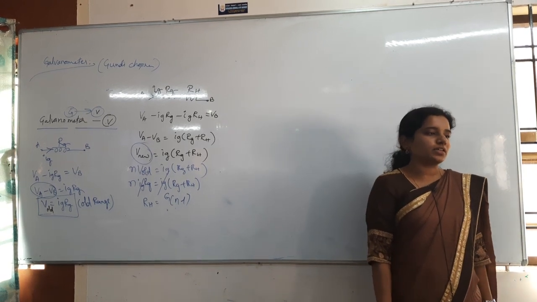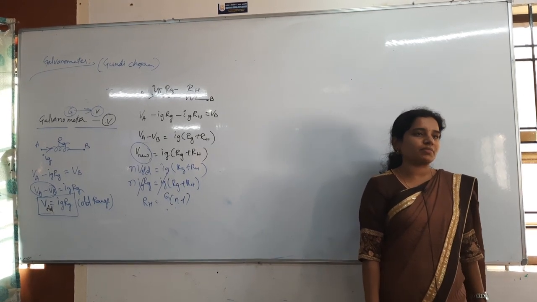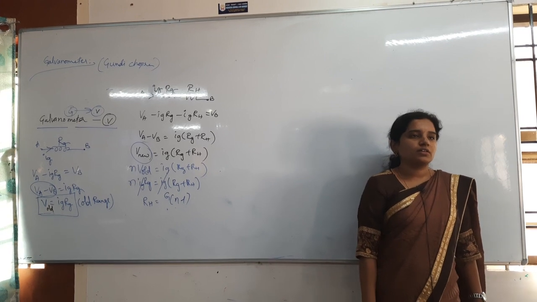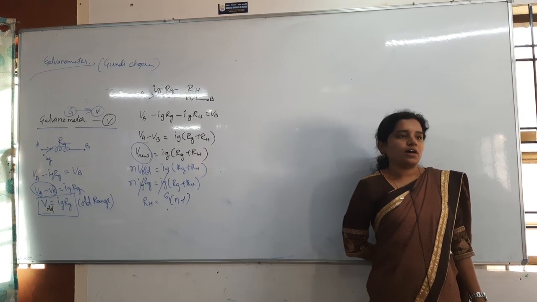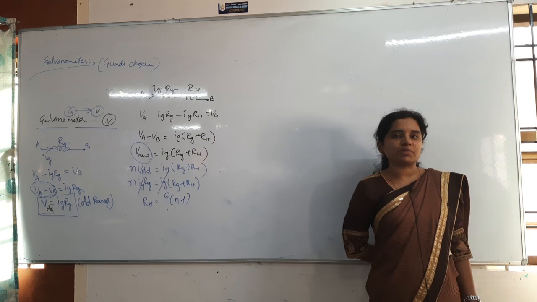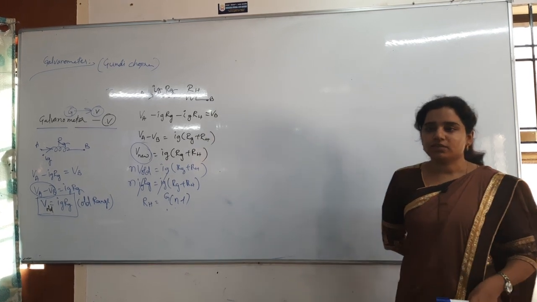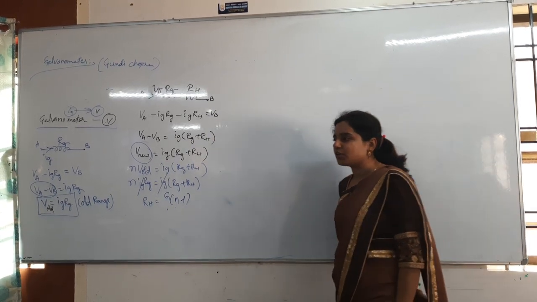Write that Rs is equal to G by n minus 1. Rh is equal to G into n minus 1.